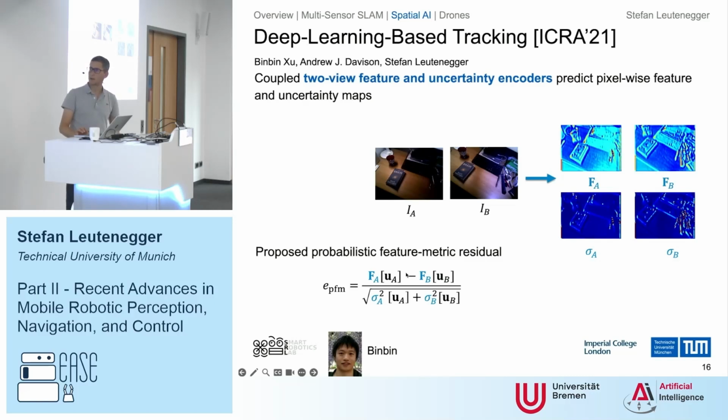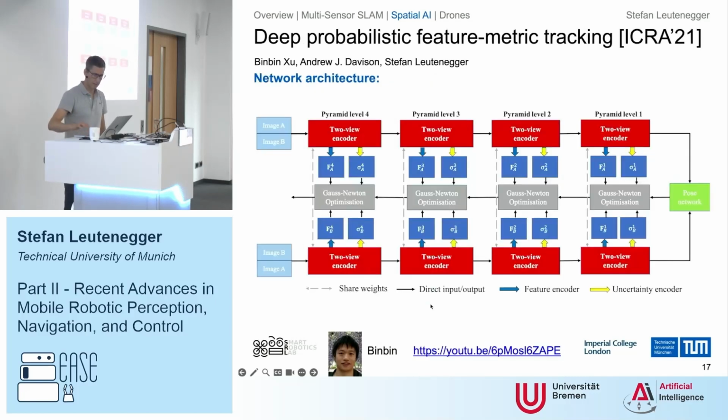This allows us to formulate a somewhat probabilistic photometric error. Well, it's not really photometric, maybe we can call it feature-metric, because the only difference is that you don't use the intensities directly, you use learned features from a convolutional neural network in this alignment process. And you do the weighting with the inverse of the variance in a similarly probabilistic way as we've seen before.